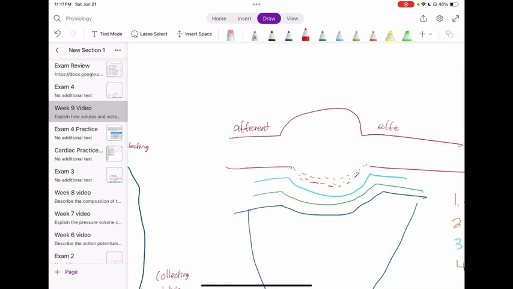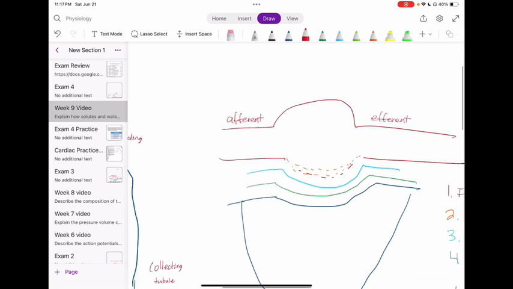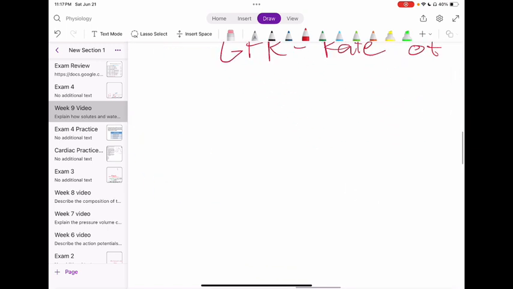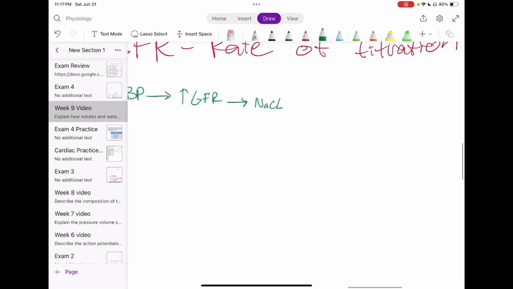This is the efferent. Blood vessels. We have high blood pressure. We have a higher GFR. We have higher chloride.